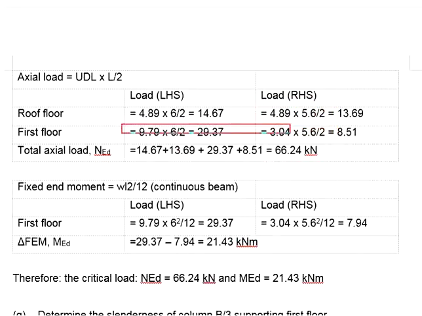The same process goes for the first floor. Just that now you're going to use the maximum UDL here times the beam span divided by 2. As for the right hand side, you will use the minimum UDL times the beam span divided by 2.